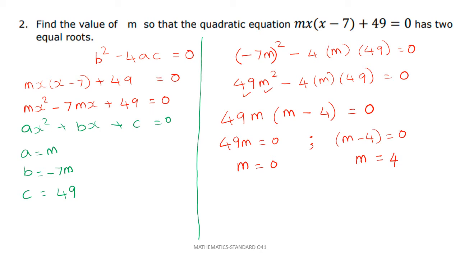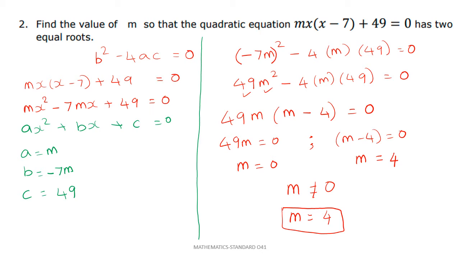As the m value cannot be 0, because when I substitute m equal to 0, the equation is not getting satisfied, right? So m cannot be equal to 0. So here the value of m is 4. Don't stop with finding the m value as 0, 4.